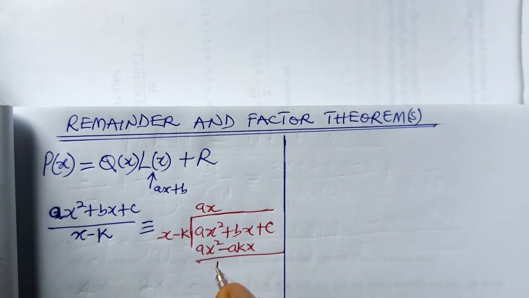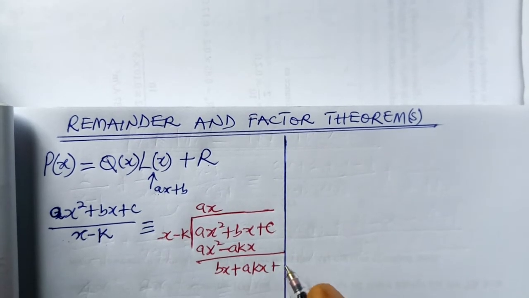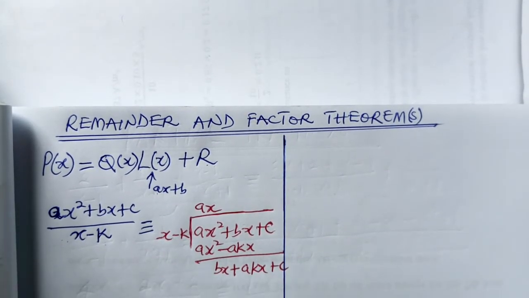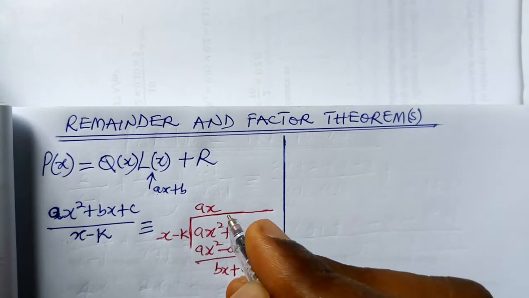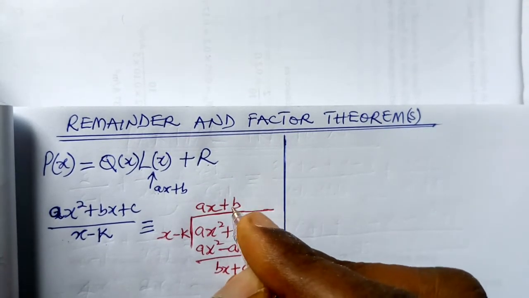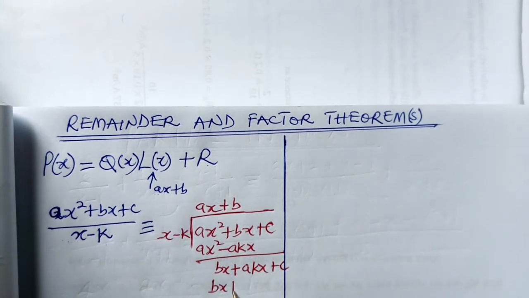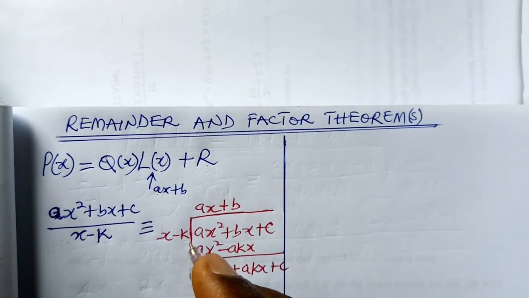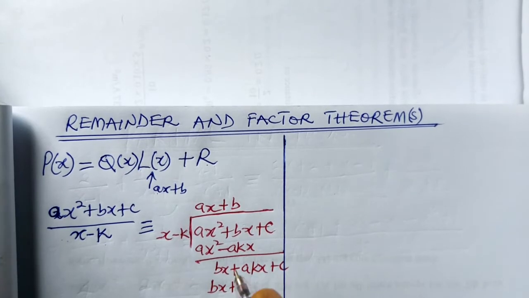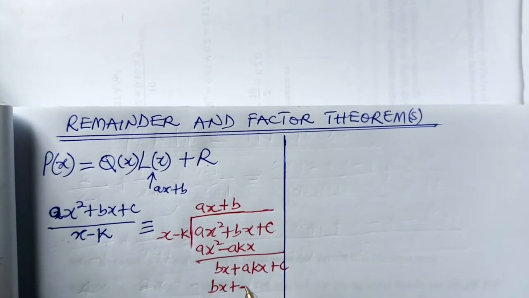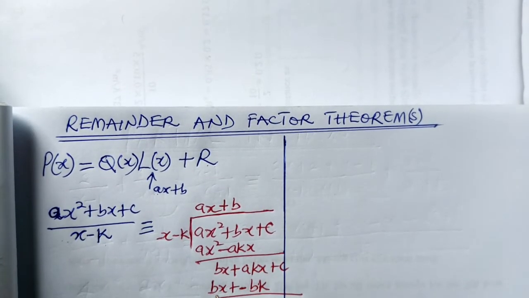This will be bx plus akx plus c. The next thing that will go is plus b. So b here will give us bx minus bk, and this minus this will cancel.